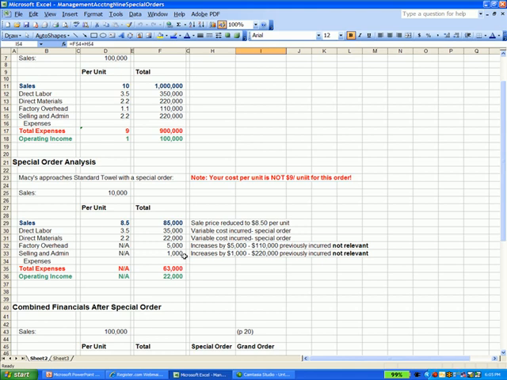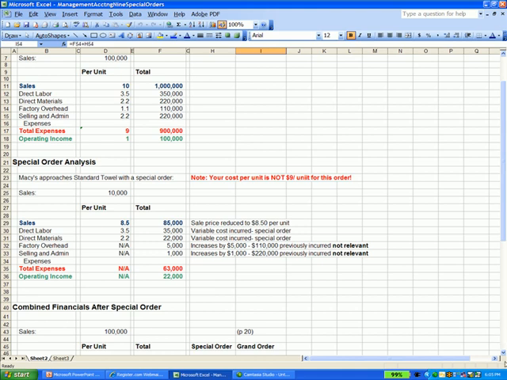As a result, you'll see that our special order is actually profitable, because another way of thinking about this, you've already sunk in money for factory overhead and selling and admin. If somebody comes to you and wants to produce more towels, and the amount of money you have to spend on these non-variable costs is minimal, then why not take the order?